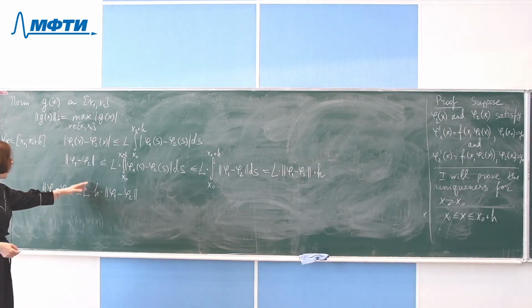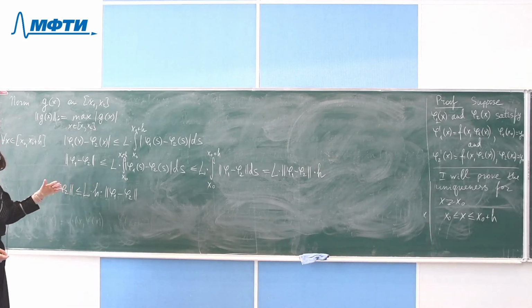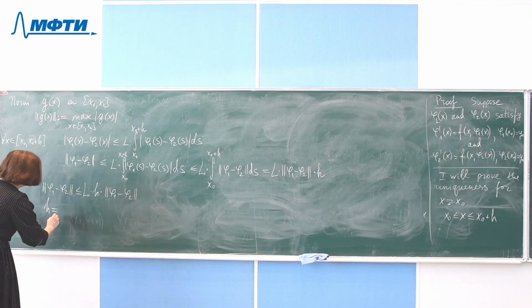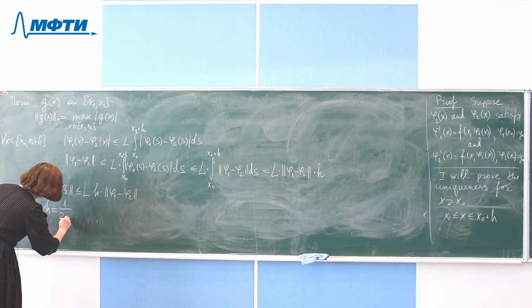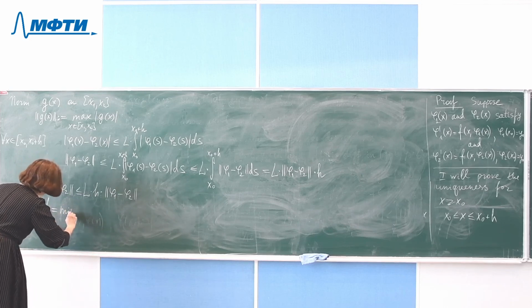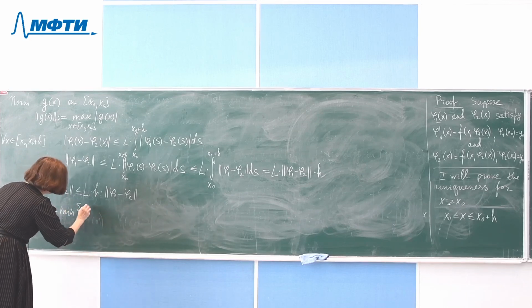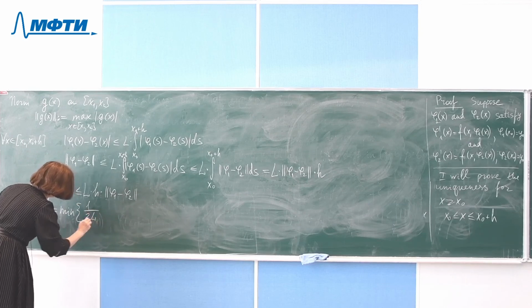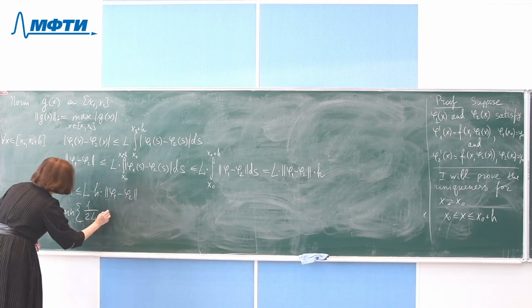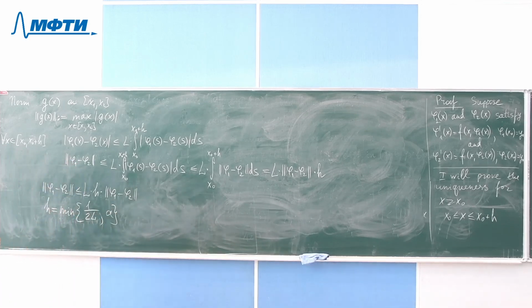So now I can choose h as I want, and I want to take h to be equal to the minimum of 1 over 2L and a, because h should be less than a.